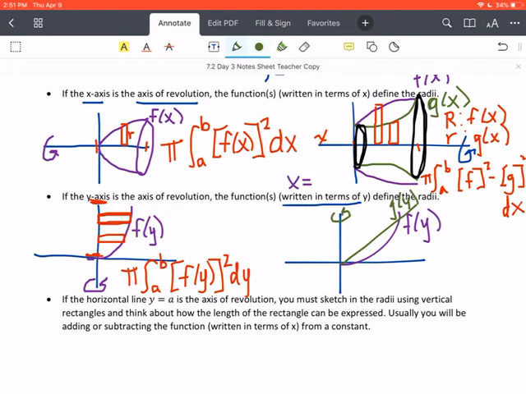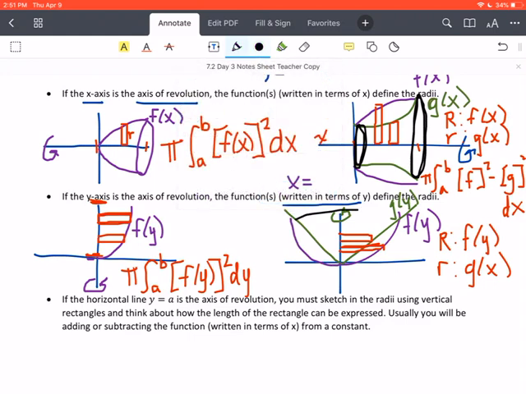If I draw in those rectangles, the further, outer rectangle goes to the purple in this case. So we're going to say that big R is f of y. And little r, the shorter rectangle when we go from our axis of revolution, is g of y.